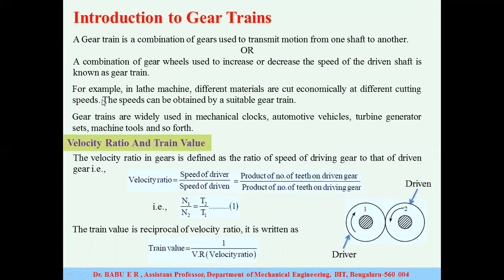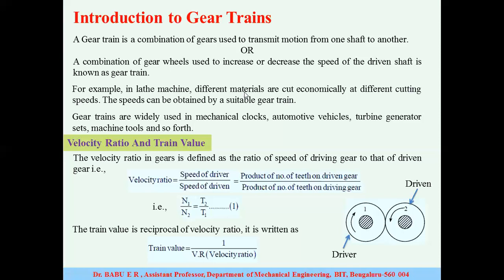For example, you can take a lathe machine, which we use in the machine shop, where different materials are cut economically at different cutting speeds. These speeds can be obtained by using a suitable gear train. By using a gear train, we can obtain different cutting speeds for different materials.